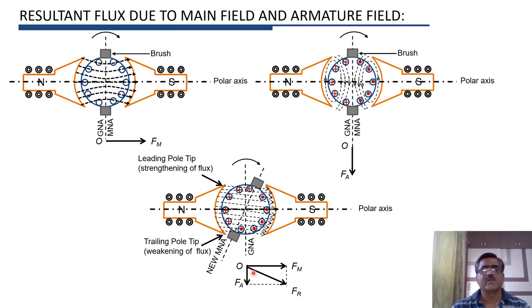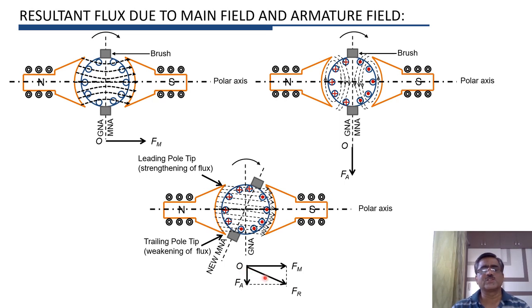So here this vector represents OFM, that is the main flux, and this vector represents OFA, that is the armature flux, and in the air gap both fluxes are there simultaneously, that is OFM as well as OFA, and therefore the resultant flux in the air gap will be the sum of OFM and OFA, and therefore this is the resultant flux.